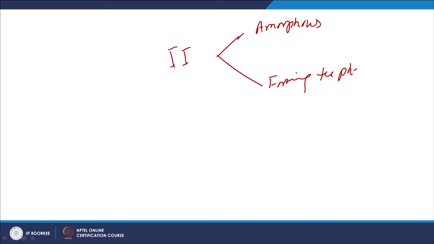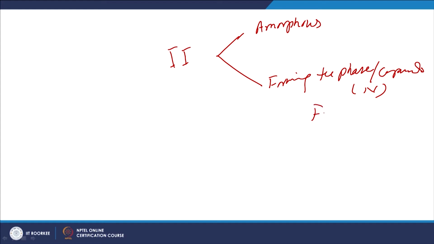So in ion implantation, there are basically two mechanisms exploited to improve the properties. One is making the crystal structure amorphous, or forming the required phases and compounds by introducing suitable elements like nitrogen.